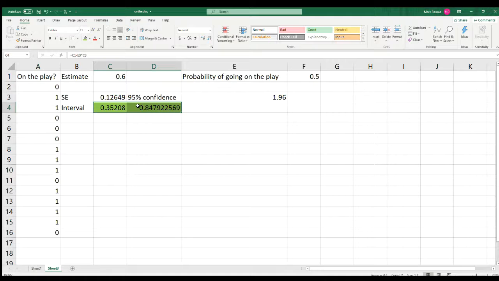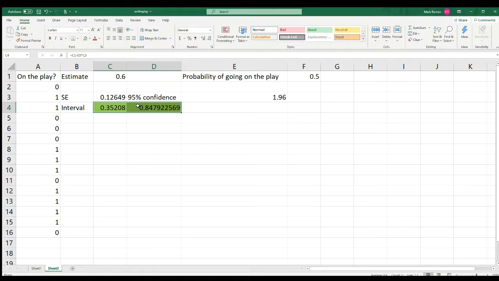By the way, I did say I was going to expound on what we mean by confident. What we mean by 95% confidence is that if I repeat this experiment 100 times and I construct 100 different confidence intervals, then 95 out of 100 of those confidence intervals will actually contain my target.